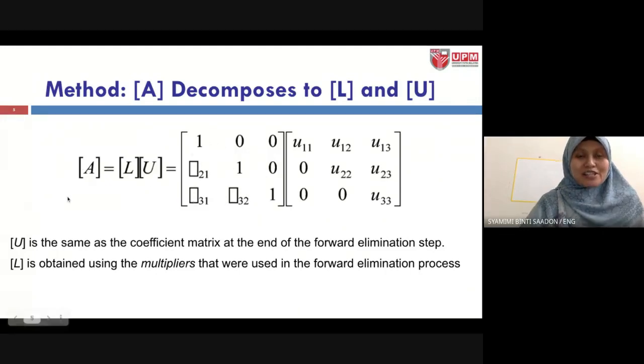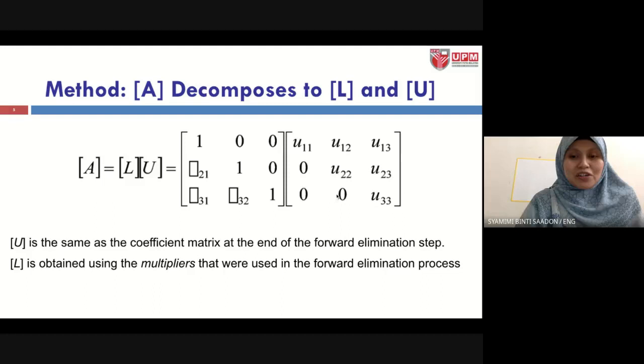Matrix A is 3 times 3, the same as L and U, 3 times 3. When you decompose the matrix, the lower matrix will be like this, 1, 0, 0. This is the rule: the diagonal will be identity, 1, 1, 1. This is 0, and these values L21, L31, L32 we have to find.